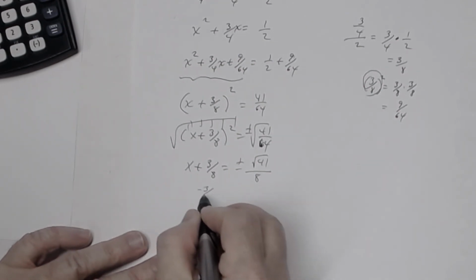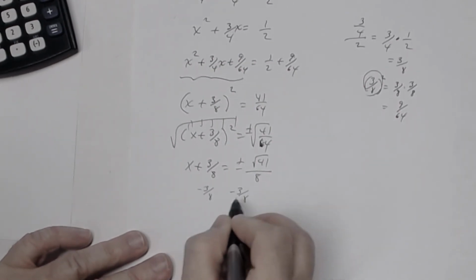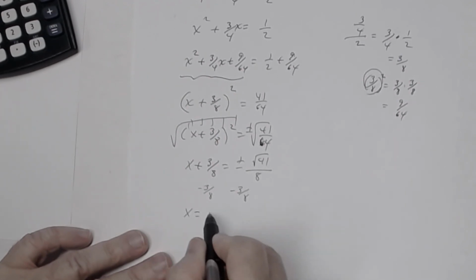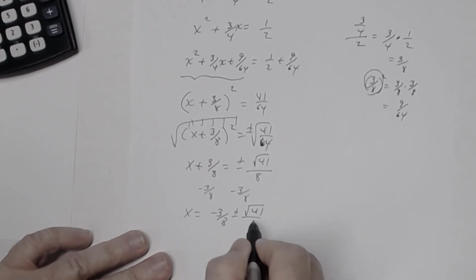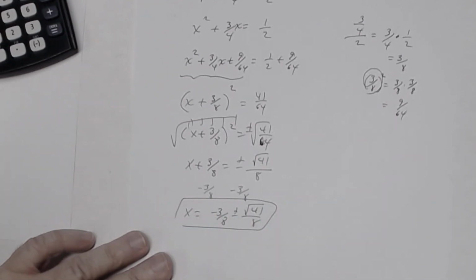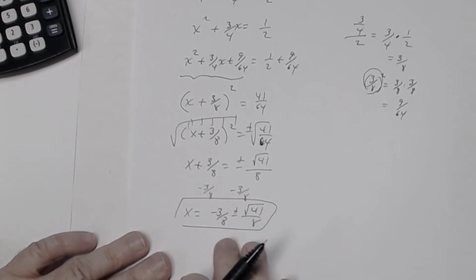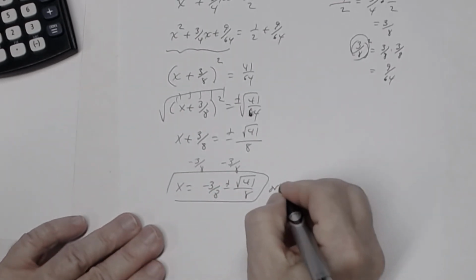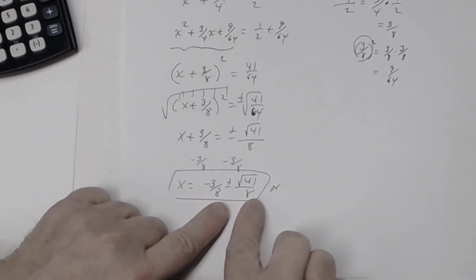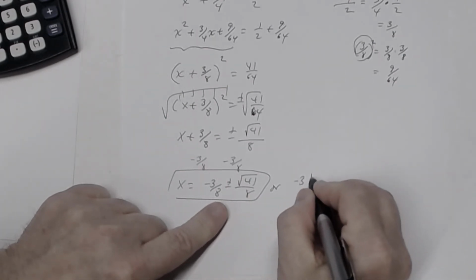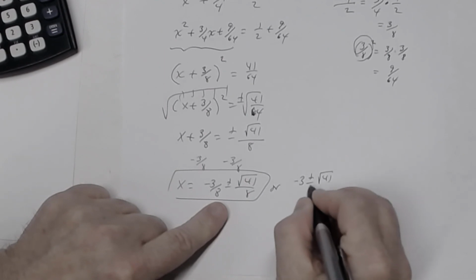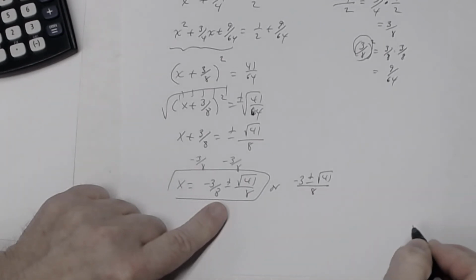So basically you're going to subtract 3/8 from both sides, and you can skip that step. But you have to say x equals negative 3/8 plus or minus the square root of 41 divided by 8. And so you have your two solutions written like this. If you want to, since both denominators are 8, you can write it like this: negative 3 plus or minus the square root of 41, all of that divided by 8, right?